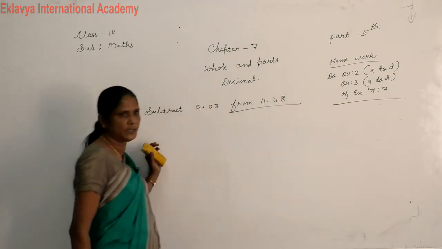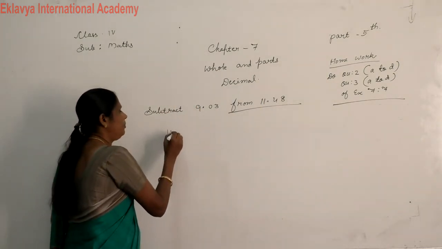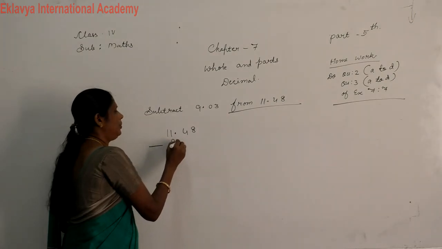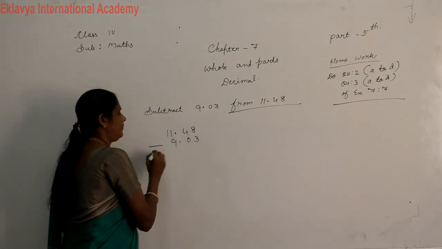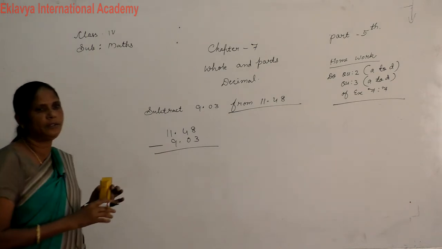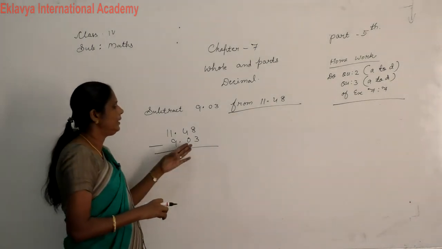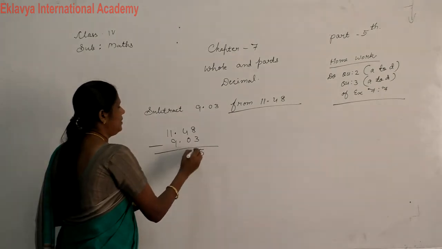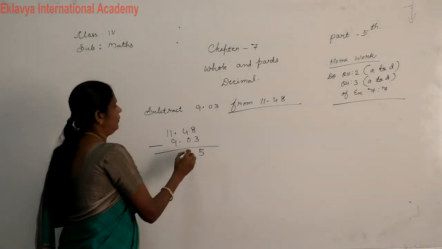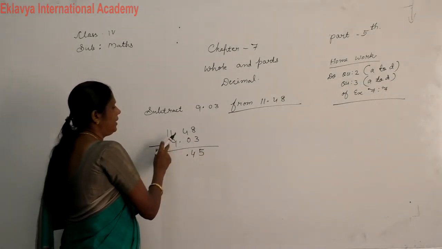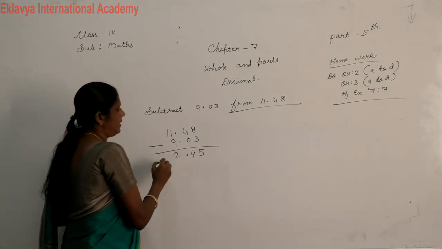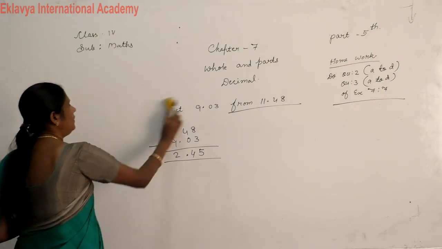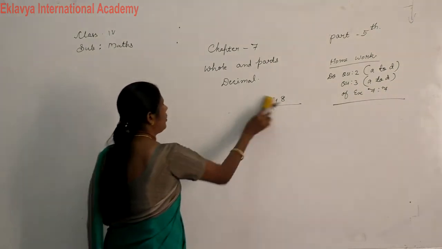This number first. 11.48 minus 9.03. Then subtract this. 3 take away from 8, 5. 0 take away from 4. 9 take away from 11, 2. Answer is 2.45.